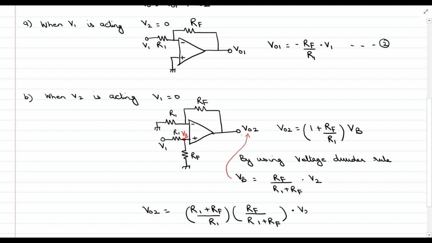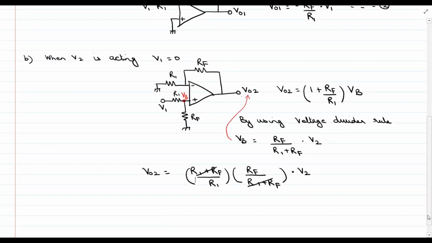So this term gets cancelled and the final value of VO2 is RF upon R1 into V2. Let this be equation 3.